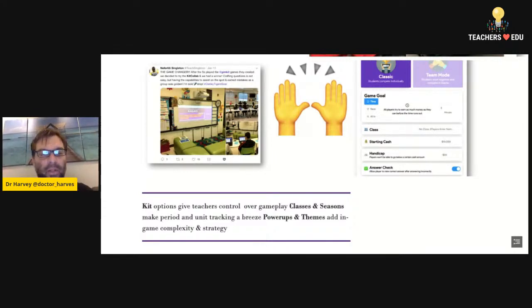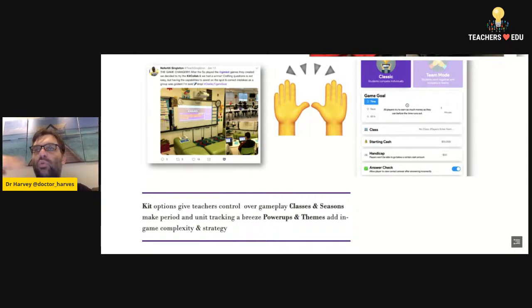So you have the kit options, which we've highlighted here, that give you, the teacher, control over gameplay. Classes and seasons make period and unit tracking a breeze. Power-ups and themes add in-game complexity and strategy, because you can also adjust the power-ups that you give the students.